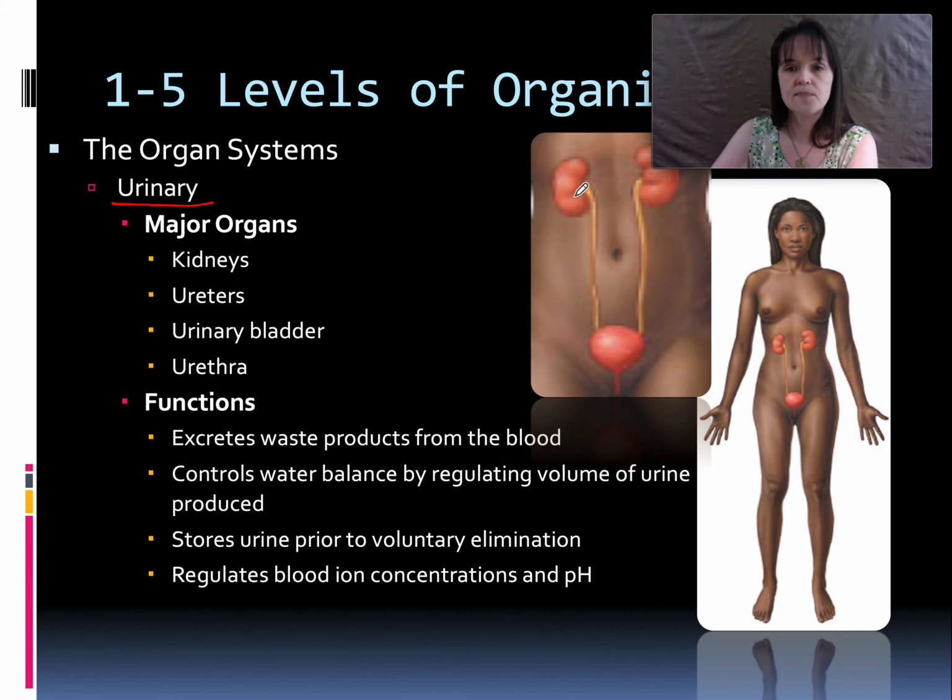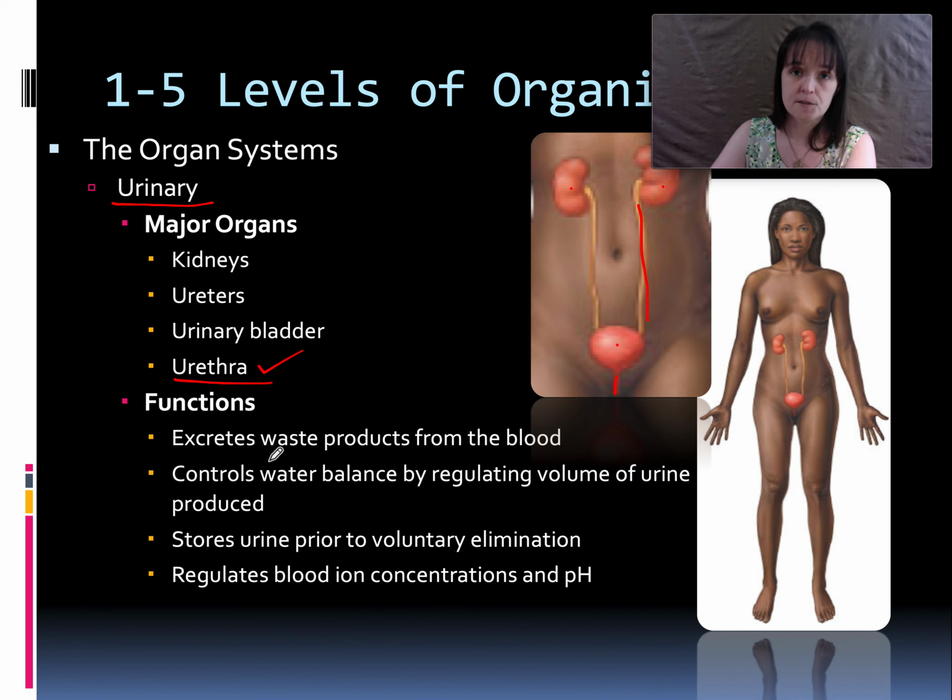Urinary system, kidneys. The ureters are these tubes, the urinary bladder, and the urethra, not Aretha, urethra. Have a little respect. And that is another filter of the blood. The liver filters the blood, the spleen filters the blood, the kidneys filter the blood.